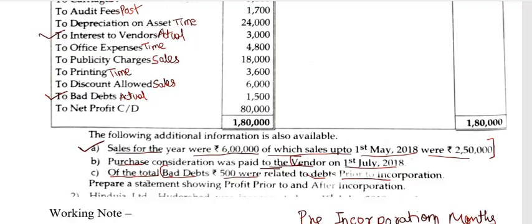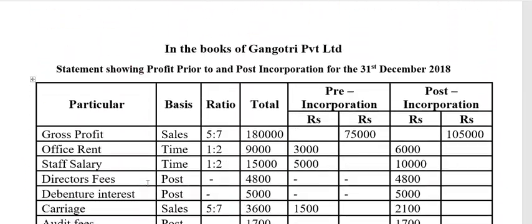Okay, so let's solve interest to vendor. Write working note number 2, that is interest to vendor.